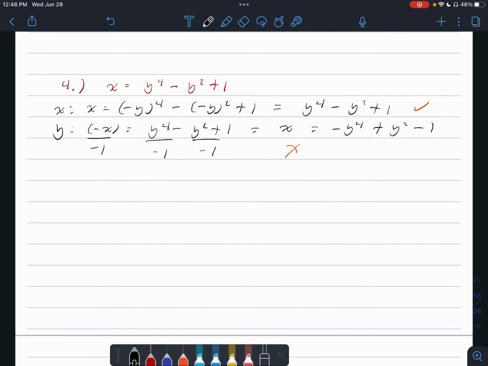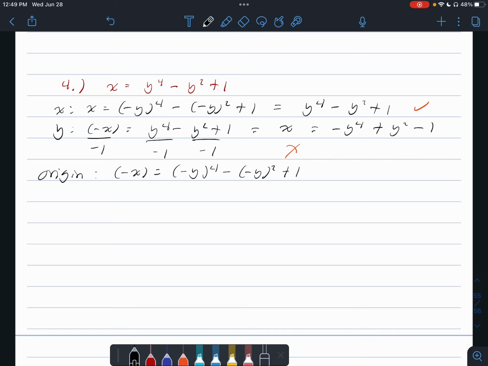And let's check here now. Let's check the origin. I forgot to mention, unless you can see that it's obvious, it's usually a good idea to check both and see what happens. It's usually good to check for the origin as well. So we can plug in negative x is equal to negative y to the fourth minus negative y squared plus 1.